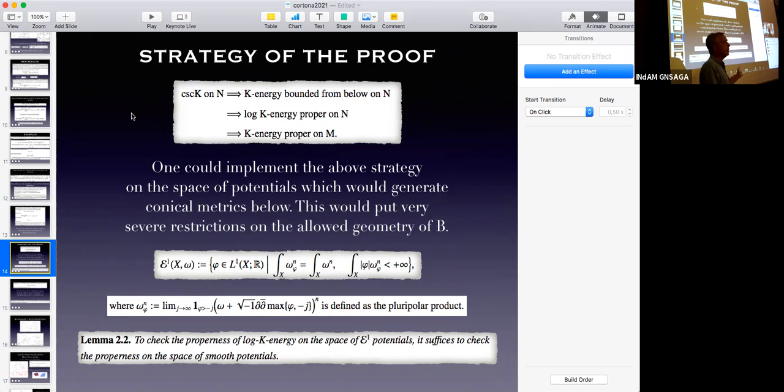This is exactly what Li and Sun did for the Kähler-Einstein problem. You can implement this strategy in the constant scalar curvature problem, but you have clearly obvious bounds on the geometry of the branch locus. As soon as the branch locus has two components, you don't even know exactly what it means to be conical.